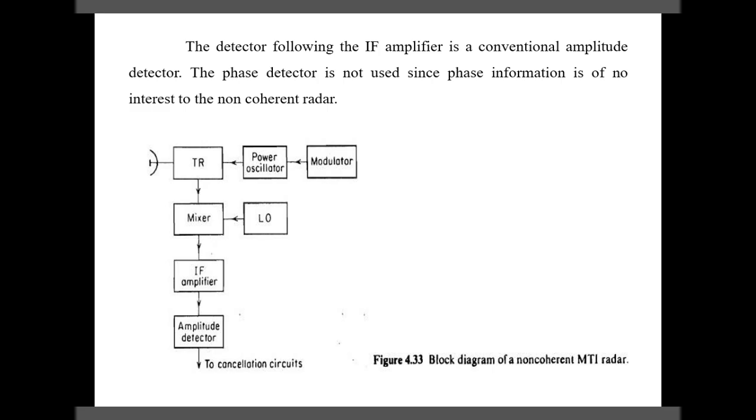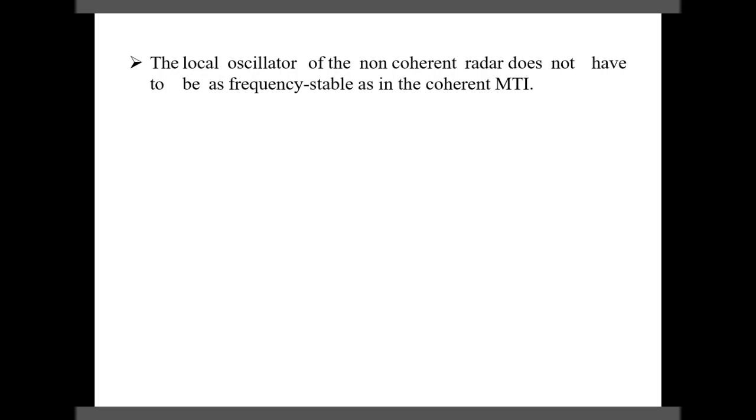So the detector following the IF amplifier is a conventional amplitude detector. The phase detector is not used since the phase information is of no interest to the non-coherent radar. The local oscillator of the non-coherent radar does not have to be as frequency stable as in a coherent MTI radar.